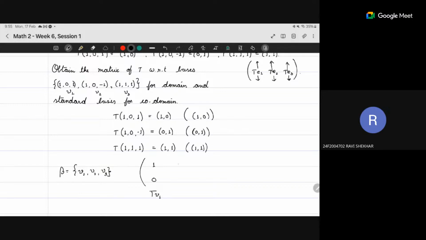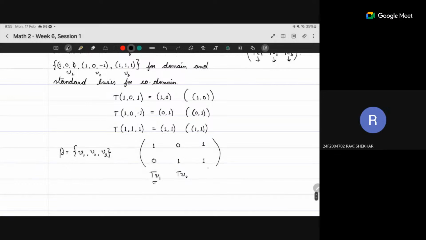So this is just 1, 0, 0, 1, and 1, 1. How did I get the columns again? I took the first basis vector, did T of that, and wrote the coordinates of that as the first column. I took v2, did T of that, and wrote the coordinates as the second column. I took v3, did T of that, and wrote the coordinates as the third column. So this is the matrix of the transformation with respect to the basis beta and standard.